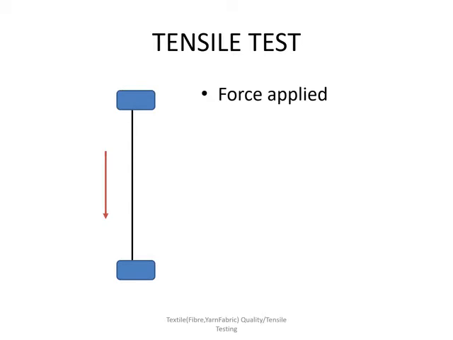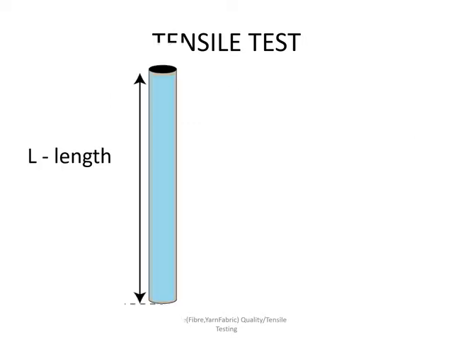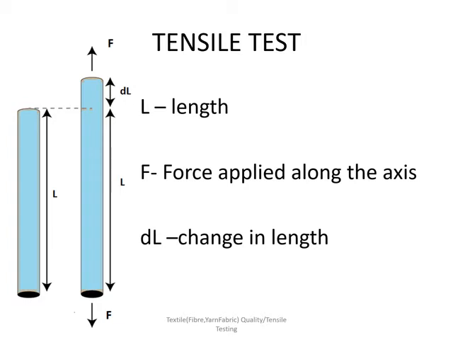The force applied is parallel to the axis of the material. So you have a central axis. So you have a material of length L. Now you are applying force along the direction parallel to the axis. So F is applied parallel to the axis of the material.